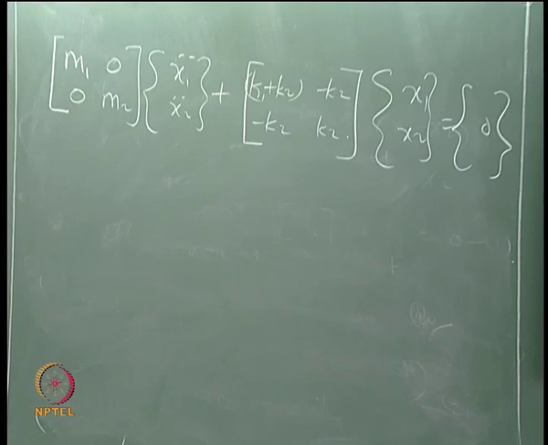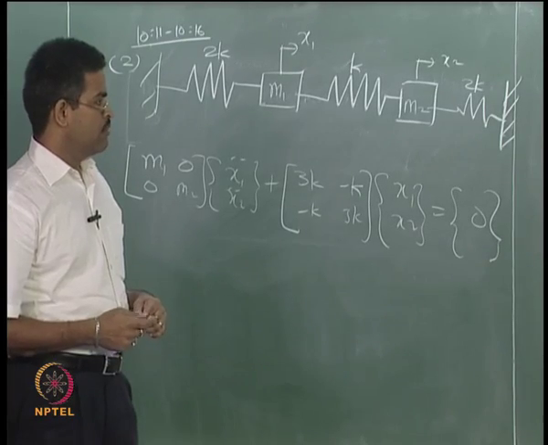So interestingly, one can notice that when the mass is lumped at the same point where the displacement degrees of freedom are measured, the mass matrix will be diagonal. We will see an example now.